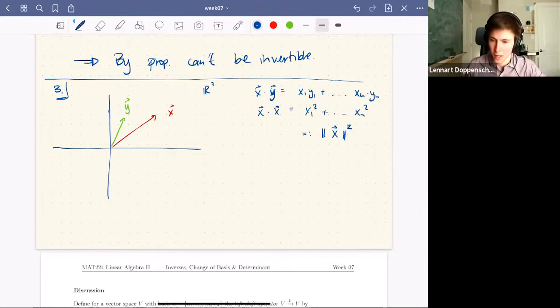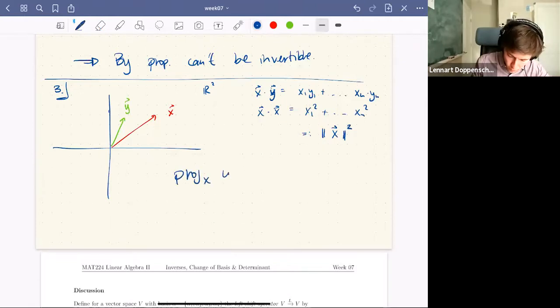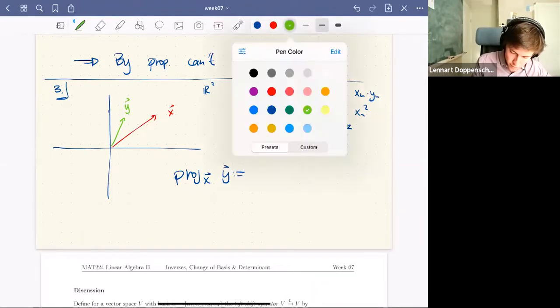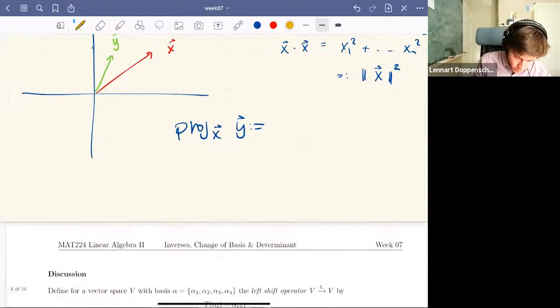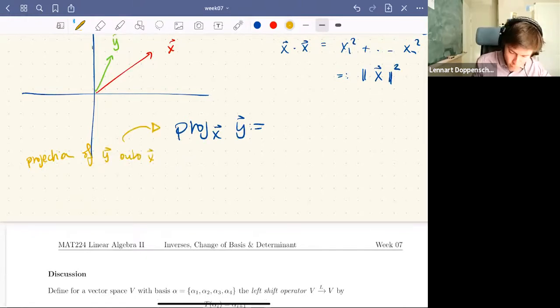It's just something that we can use to define interesting transformations. Because the projection of y onto x, this is what this is called. proj sub x is the projection onto x, and we apply this to the vector y.